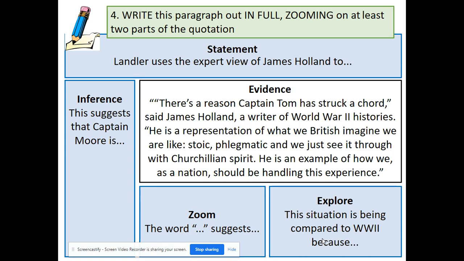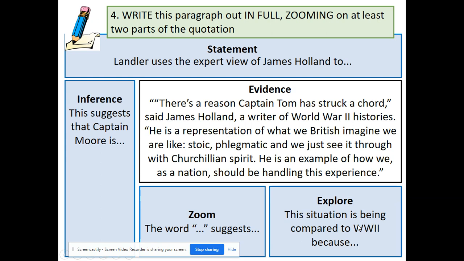So have a look at the evidence, think about how Captain Tom's being presented, put the bit of evidence in that you want, say what you think that evidence is suggesting overall about Captain Moore, the final point that he's making about Captain Moore. Think about which parts of this quotation you want to zoom in on. I think that some of you could be aiming for zooming in on at least 2 things, 2 words or techniques.